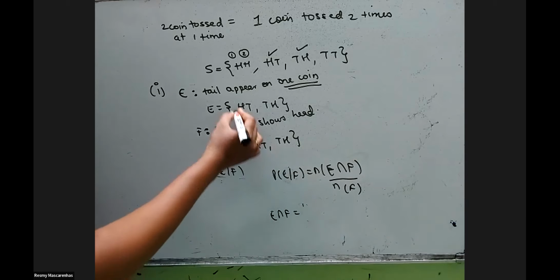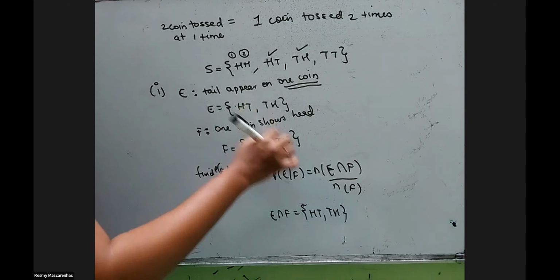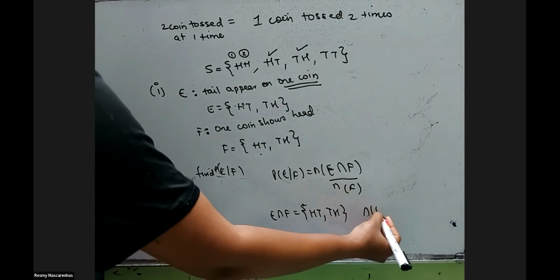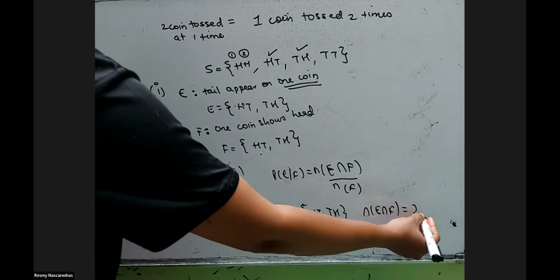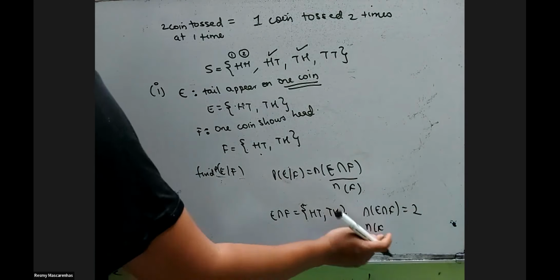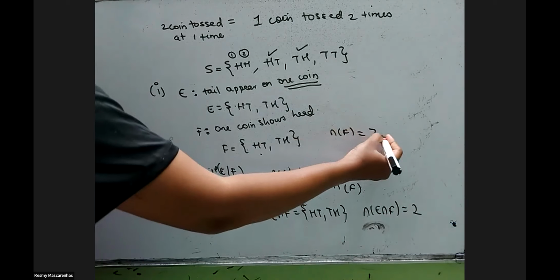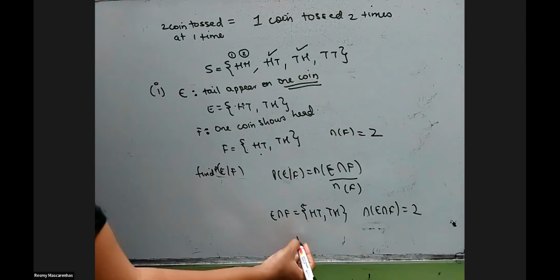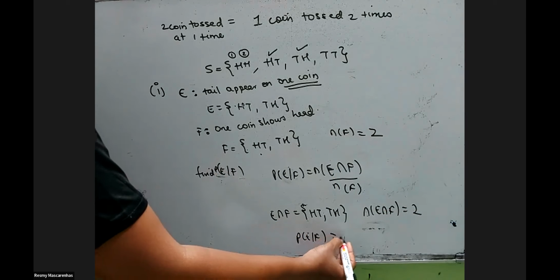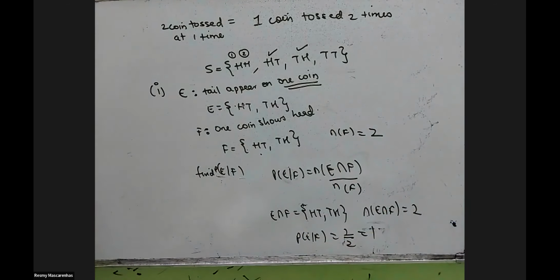What are the common elements? Both are common, so the number of elements in E intersection F is 2. And N of F, the number of elements in F, is 2. Substitute here. So the answer is 1. Probability maximum can be 1; if you were getting more than 1, it would be wrong.